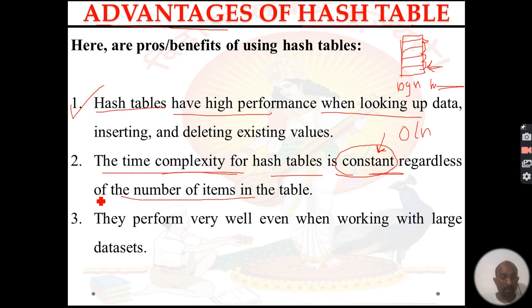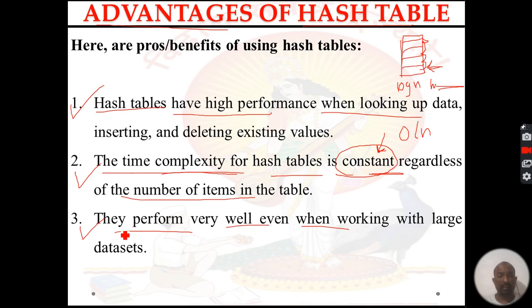Now third point, they perform very well even when working with a large data set. That is the drawback of the array: array will not work for a large data set, but in hashing it works for a large data set.